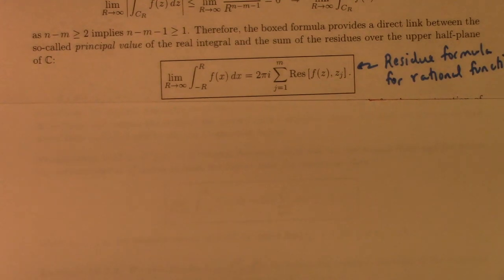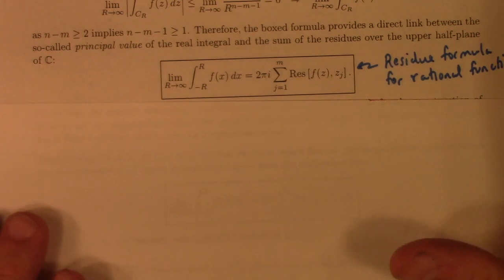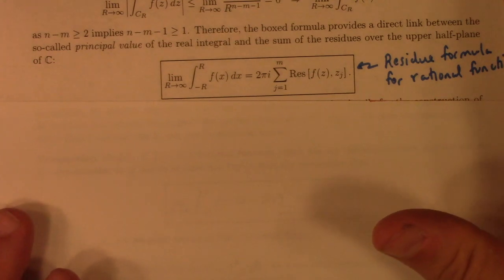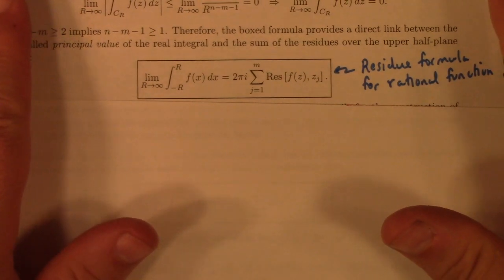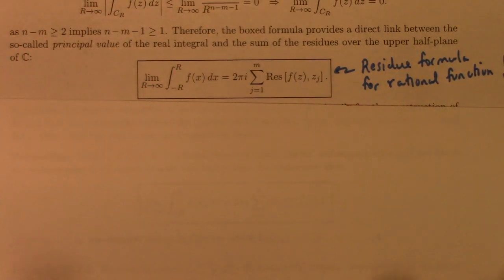I need to give it some kind of name, because there are times when I am perfectly content to let you use this as a theorem, and there are other times where I really want you to go through the arguments that I just went through as they pertain to a specific example.